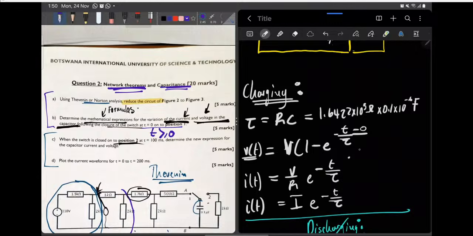What was our tau? Let me put it in the calculation. 1.642 times 10 exponent 3, then times 0.1 times 10 exponent negative 6.